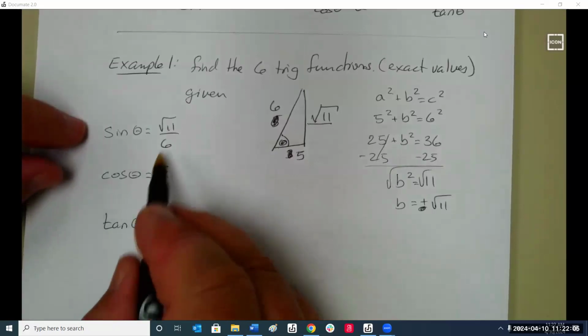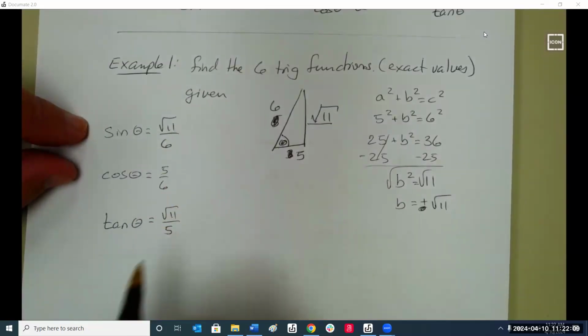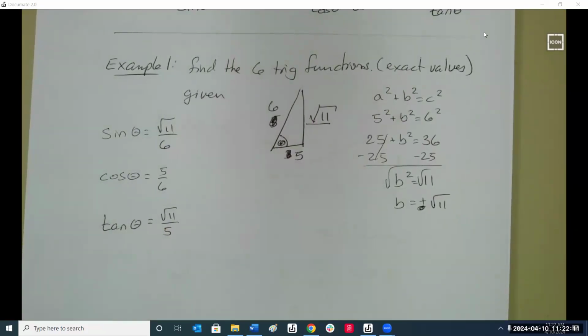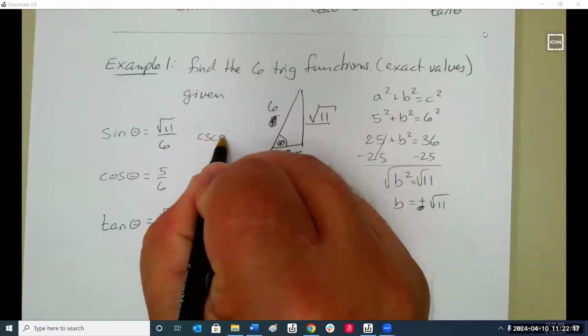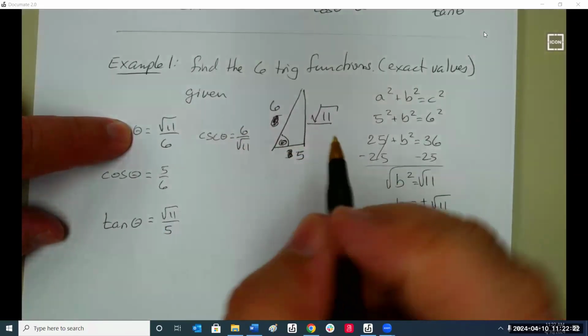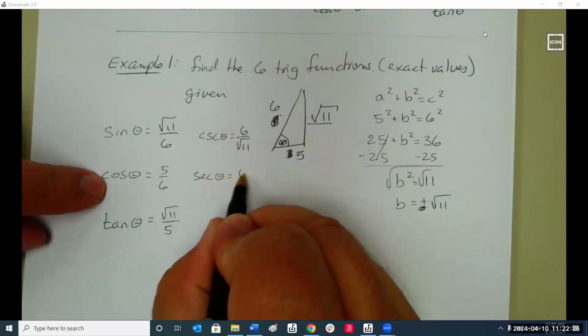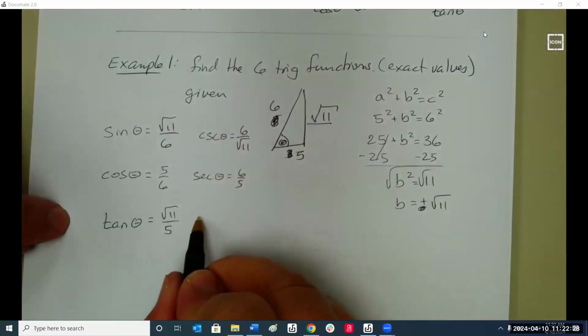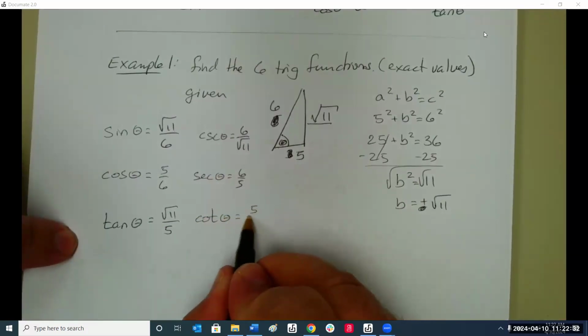The tangent is the sine over cosine, which is the numerators. Cosecant is simply the flip of that one. Secant is the flip of this one. And cotangent is the flip of this one.